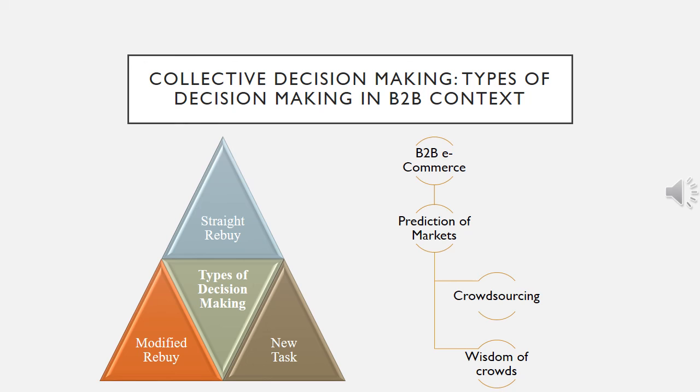While for a modified rebuy, the extent of effort is limited problem solving, the risk is from low to moderate, and the buyer's involvement is one or a few. While for a new task, the extent of effort is extensive problem solving, the risk is really high, and the buyer's involvement is many.